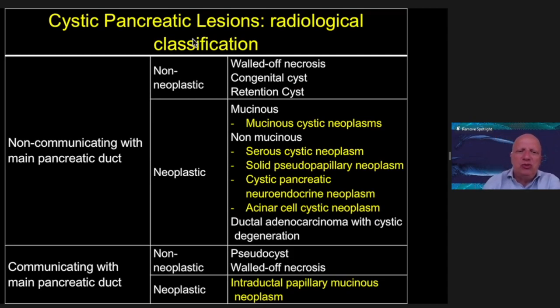Because according to this communication, we can make a radiological classification. Non-communicating lesions can be mucinous cystic neoplasm, serous cystic neoplasm, solid pseudopapillary neoplasm, or other rare lesions. On the contrary, typical communicating cysts with the main pancreatic duct are IPMN.